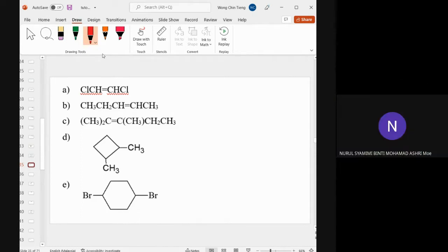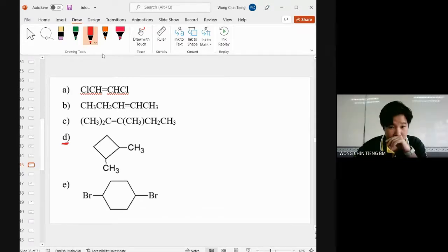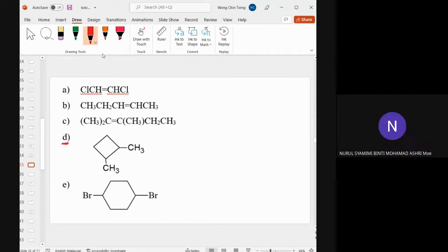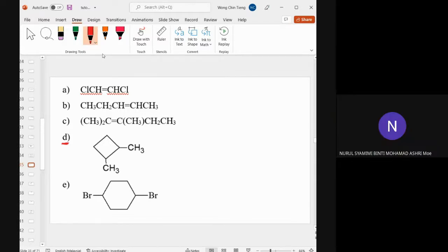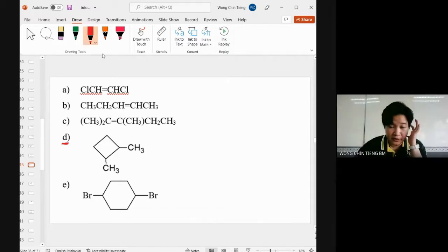Ada soalan yang saya perlu bincang? Sorry Mimi. Yang D tu kenapa dia tak boleh buat cis-trans isomer? Yang D ke? D boleh.